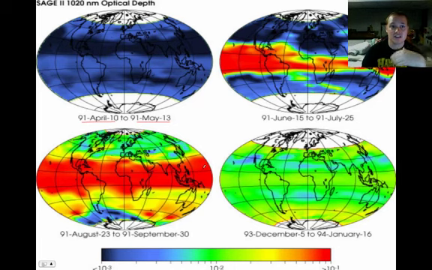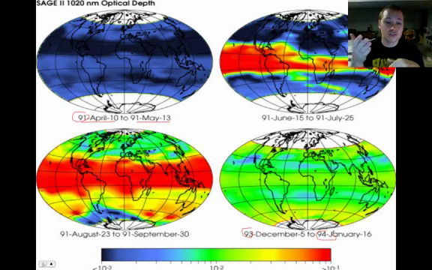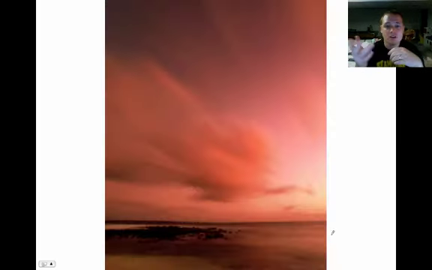And that's what this is measuring, showing exactly how much dust and how many particulates were in the air when this took place in 91, and then fast forwarding all the way to 93, and even to the early phases of 94. So when Pinatubo erupted in 1991, it took, give or take, 2.5, almost 3 years, and you still had dust and particulates in the air from that particular eruption.